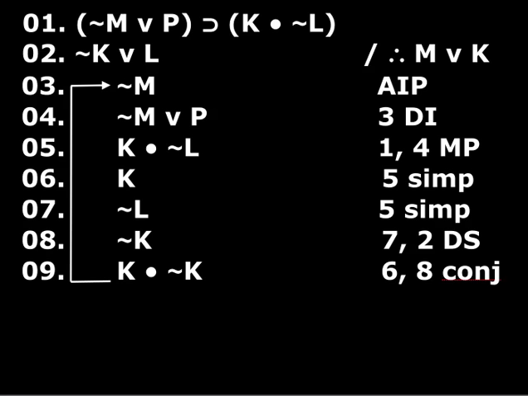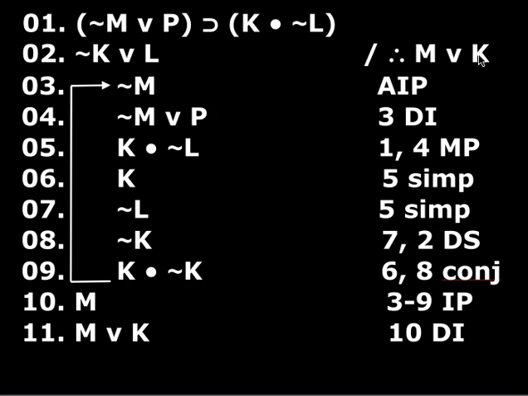Well, my AIP is not m, so the negation of that is just m. Is the proof over? No, because m isn't the conclusion. But m is something I can quickly use to get the conclusion, because I can just get m or k by DI. Notice here that my justification is the entire indirect proof. So like conditional proof, you cite the entire subproof.